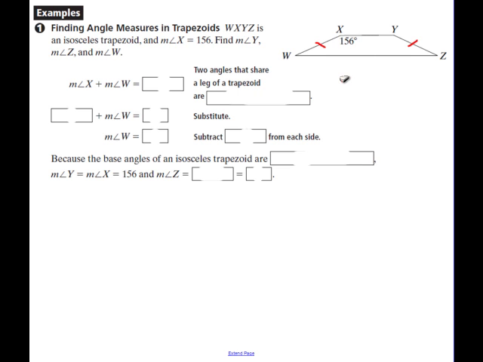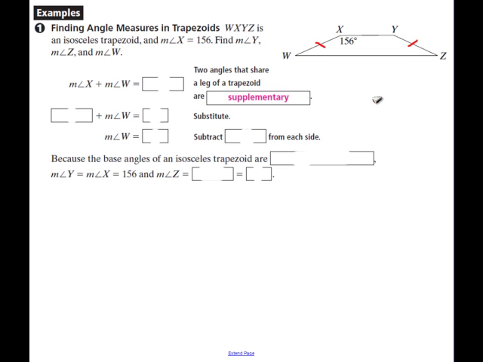That angle X is 156, and we're going to continue on to try to find angles Y, Z, and W. So one kind of straightforward approach here is thinking about what we know about trapezoids. And we know that if we look at angles X and W, these two angles here, if two angles share the leg of a trapezoid, then those angles are going to add up to 180 degrees, which we say supplementary.